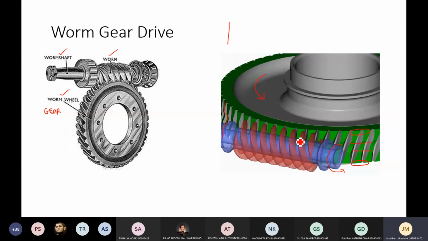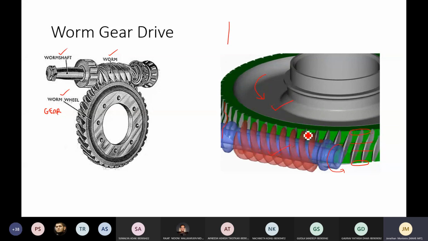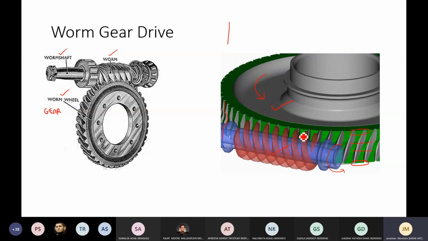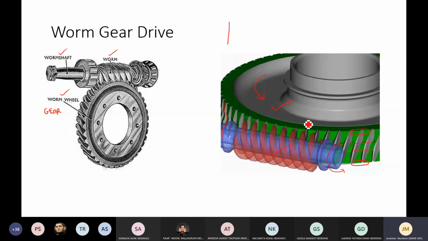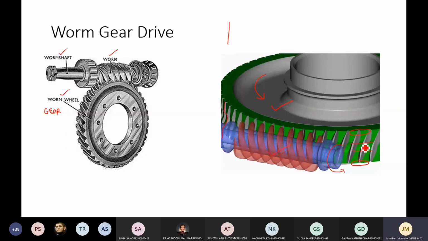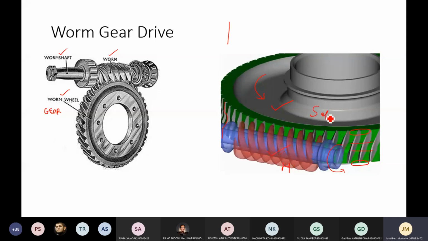So the solution to this is, once you decide that this is the worm and this is the wheel that I'm going to use for one particular application, then you approximately machine it, by whatever outside processes, and then put them together. Then what happens? This is a harder material, this is a softer material.